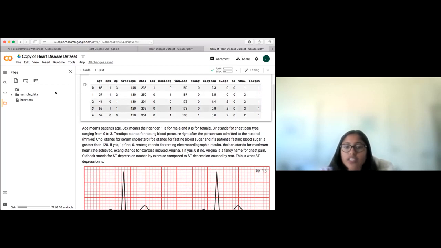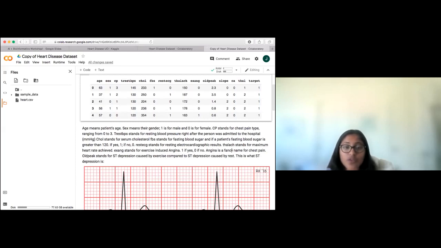RESTECG stands for resting electrocardiograph results. Over here, THALACH stands for maximum heart rate achieved, which is over here. That's pretty high. EXANG stands for exercise-induced angina, which is here. 0 is no, 1 is yes. And angina is basically a fancy name for chest pain.